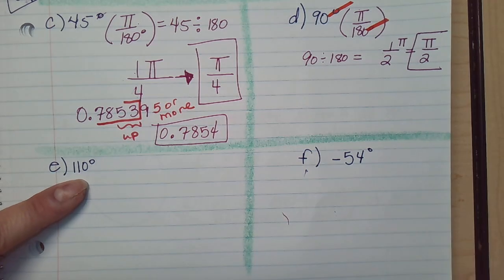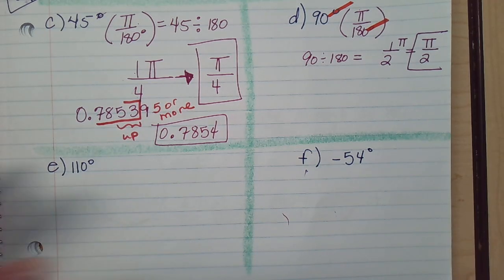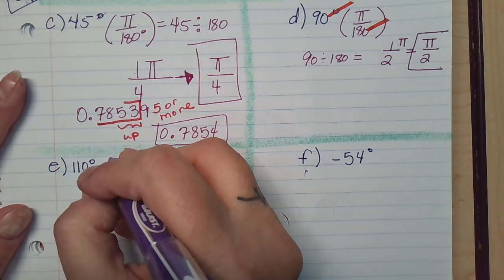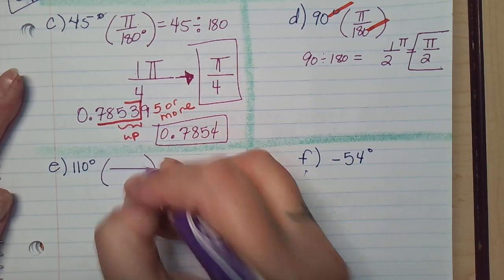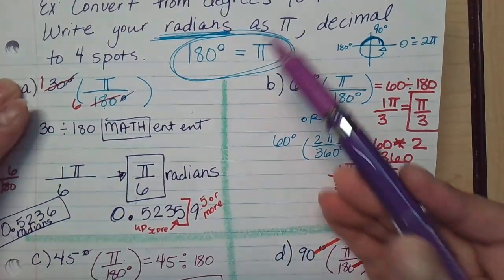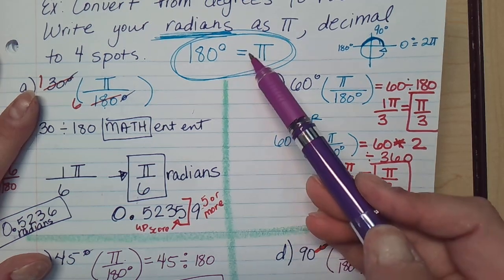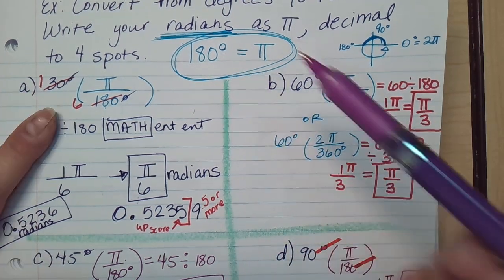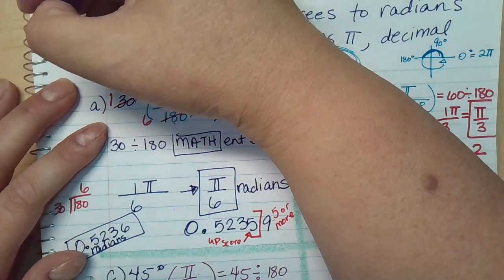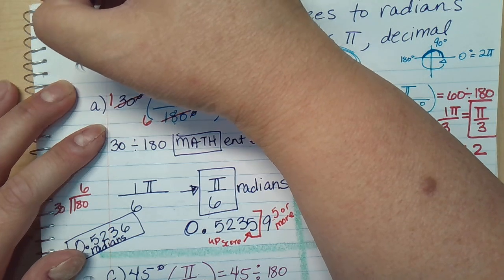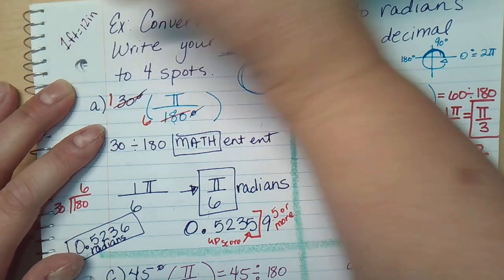Okay, so let's look at part E. We're still converting from degrees to radians, so we're going to multiply by our conversion unit, and our conversion unit is the fact that 180 degrees is pi. When I say conversion unit, I mean, you know how 1 foot is equal to 12 inches?